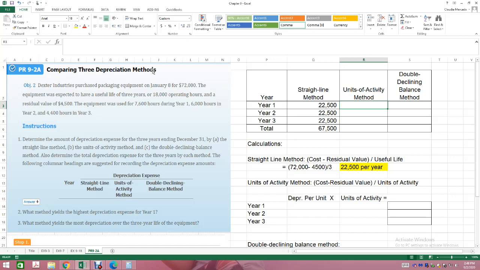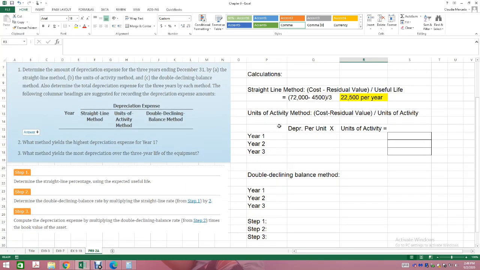So in this case, they give you the usage during the year: year 1, 7,600 hours, year 2, 6,000 hours, and year 3, 4,400 hours. Okay, so the first thing we need to do is calculate the units of activity method. So this is your cost minus your residual value divided by the units of activity.